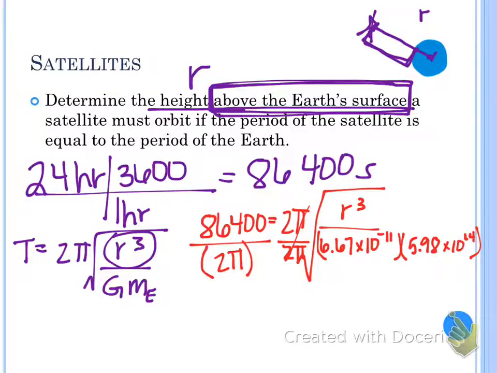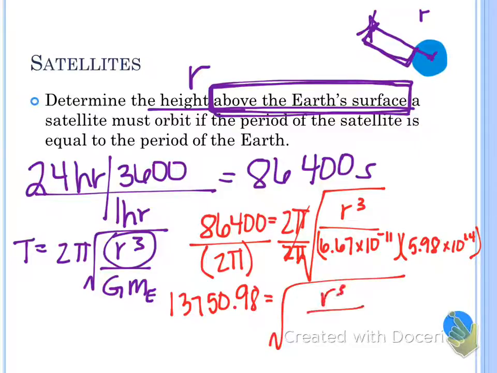A lot of you will forget to do that, I'm just telling you right now. That gives us 13,750.98 equals the square root of r cubed over GM, and the product of that is 3.98 times 10 to the 14th.